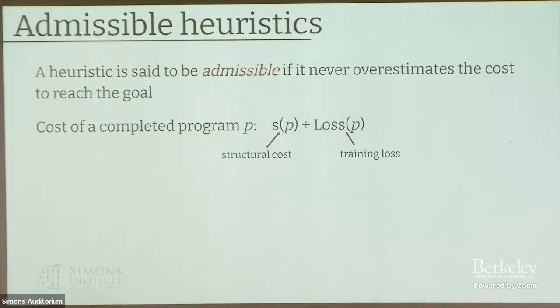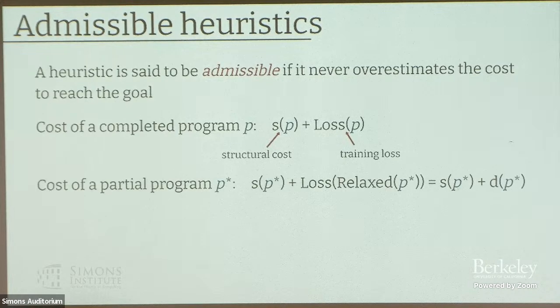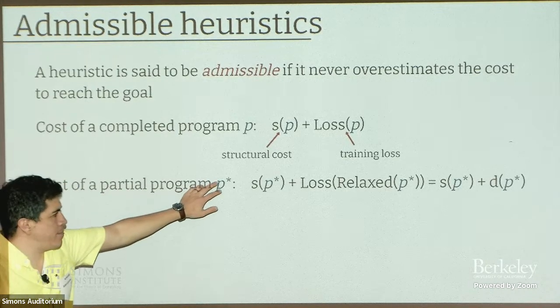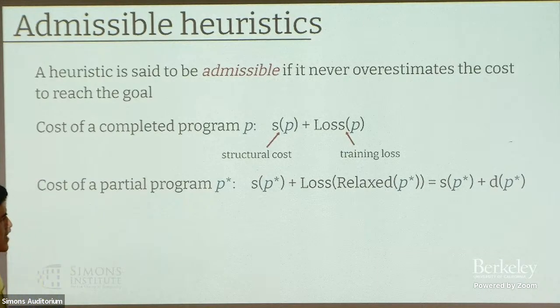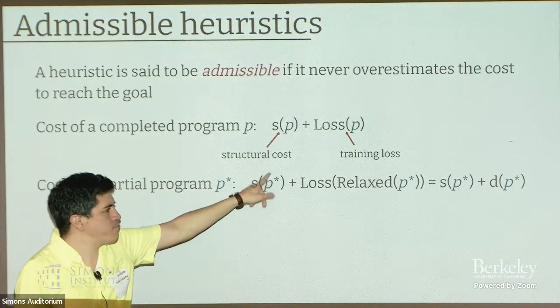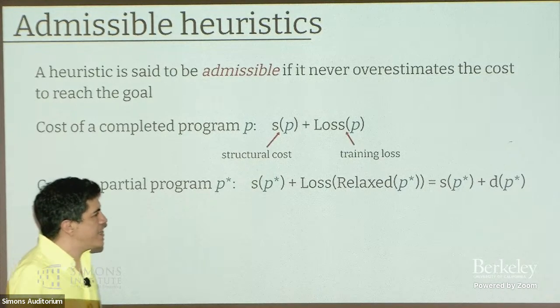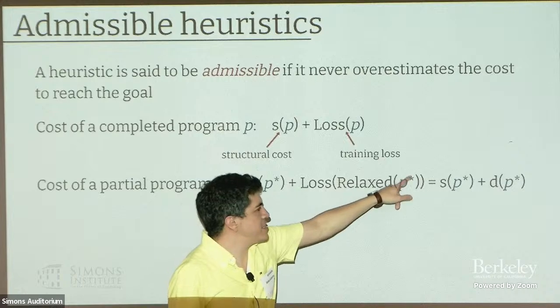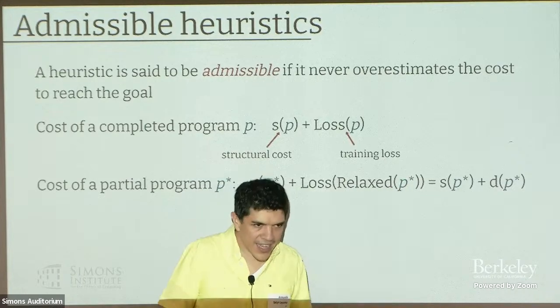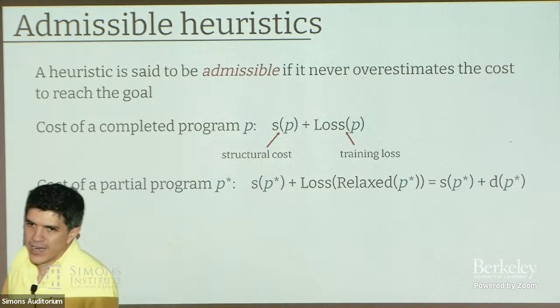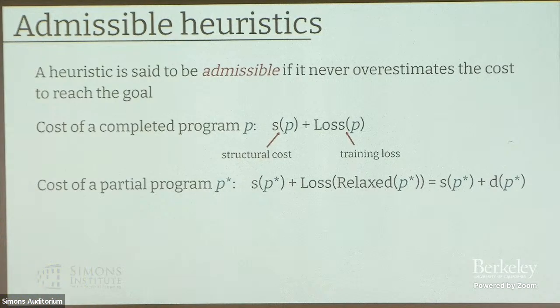And so if I have a partial program, I'm going to have some structural cost for the partial program. And then I'm going to take these partial programs, I'm going to relax this program, and train it as much as I can.